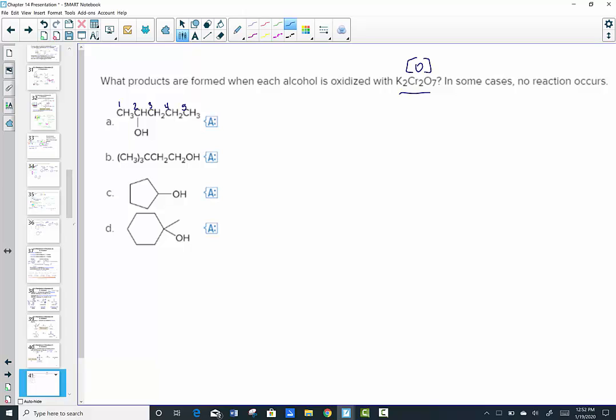Letter A gives me 2-pentanol, a 5-carbon chain. That 5-carbon chain has an alcohol on a carbon that's attached to two other carbons. We call this a secondary alcohol. And that tells me when I eliminate hydrogen from a secondary alcohol, we know that is going to produce a ketone.